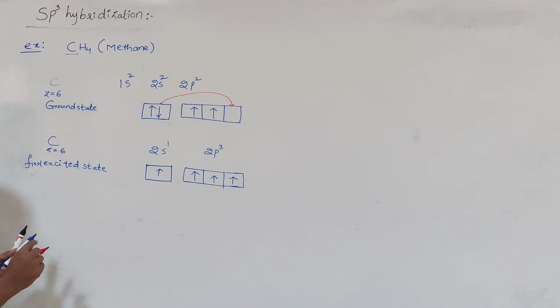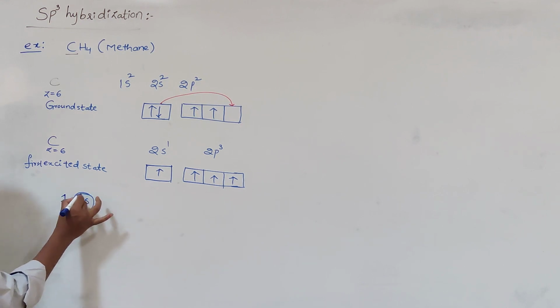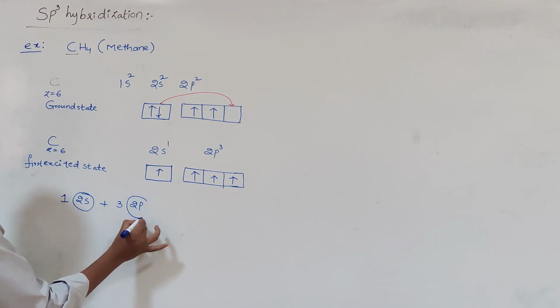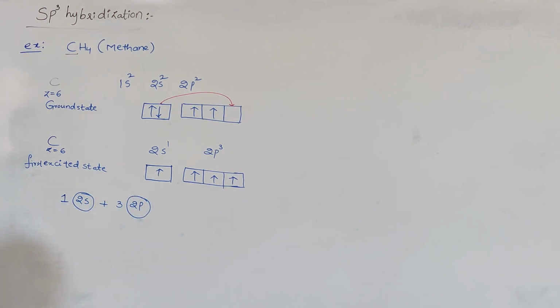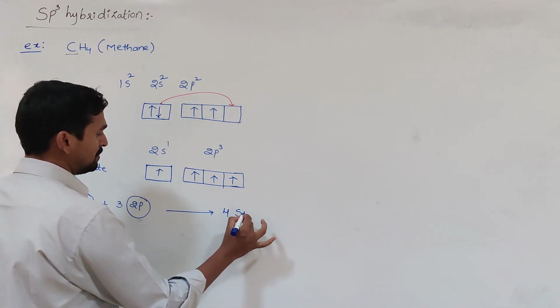Now here the 4 orbitals, one 2s orbital and three 2p orbitals, hybridize together to form 4 sp3 hybrid orbitals.